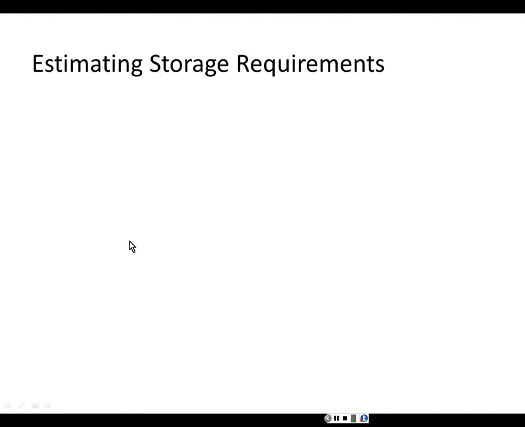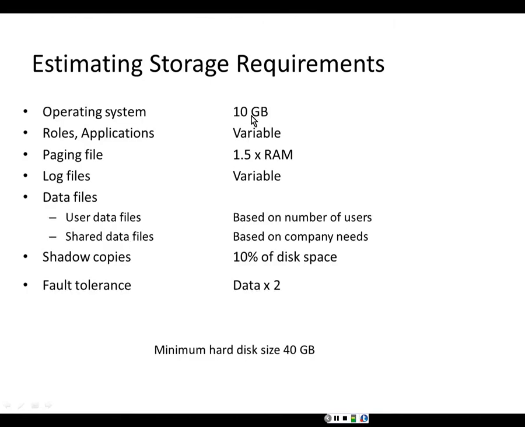When we estimate storage requirements, the operating system and the roles and applications and paging files and log files really don't take that much space. What's really going to drive our storage needs is going to be based upon the number of users and the size of the company.